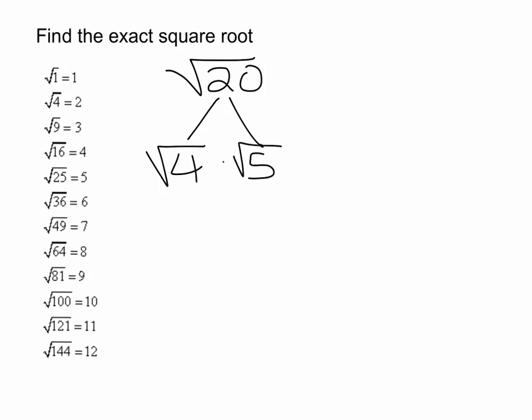So I have the square root of 4 times the square root of 5. My square root of 5 is a prime number, so there's nothing I could do with that 5. So I'm going to keep it as the square root of 5. Square root of 4 is 2, so I have positive and negative 2 times the square root of 5. So this is going to be my exact square root of 20, positive and negative 2 times the square root of 5.